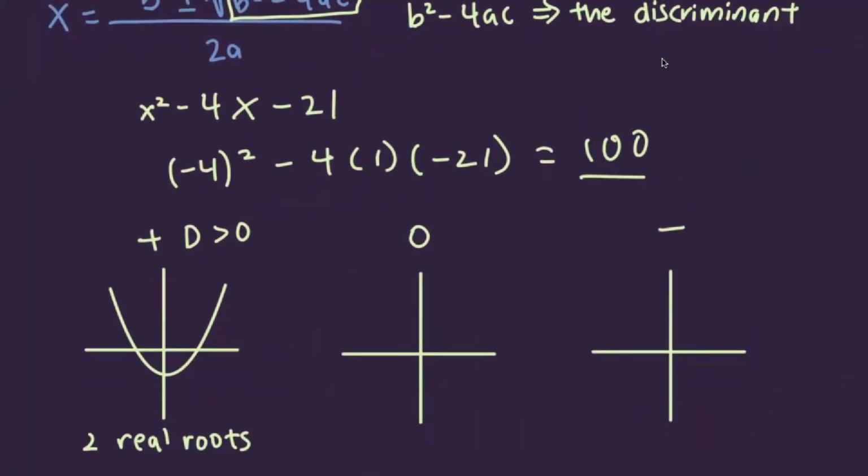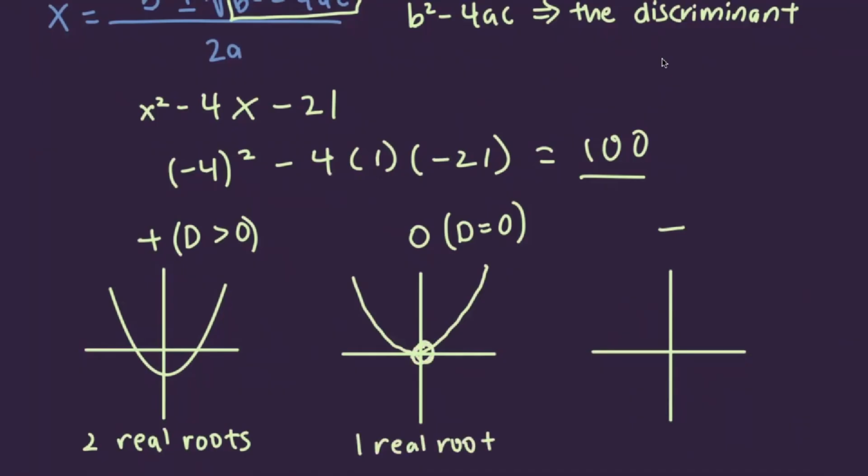But when d equals 0, then the graph would be something like this. This means that there is only one real root, where the graph only touches the x-axis at one point.